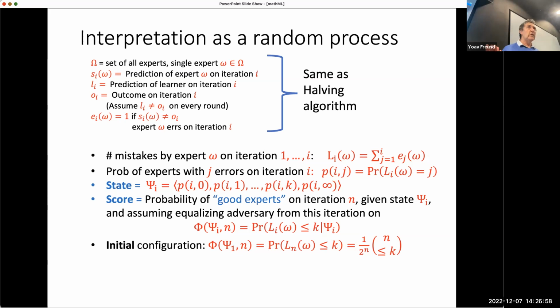With just binomial distribution. And the final configuration is where we have that the state given n is simply the fraction of the examples that are there, right? So you see this, the score here is defined for all intermediate steps.